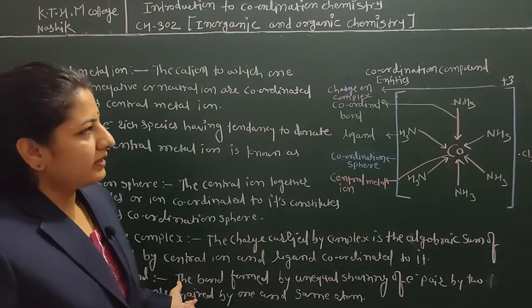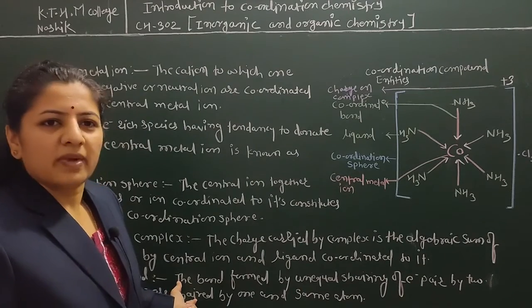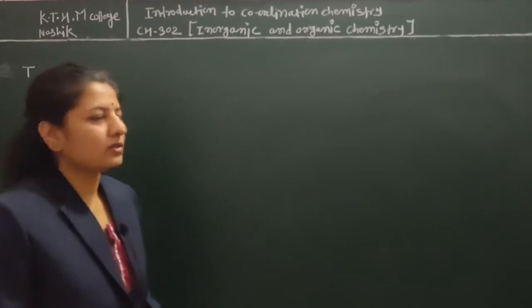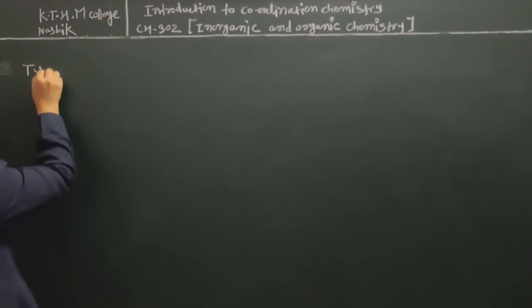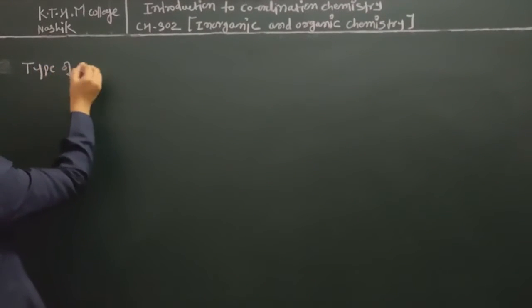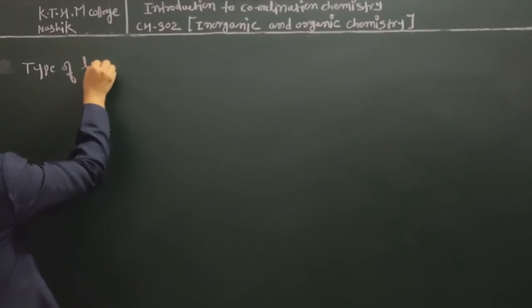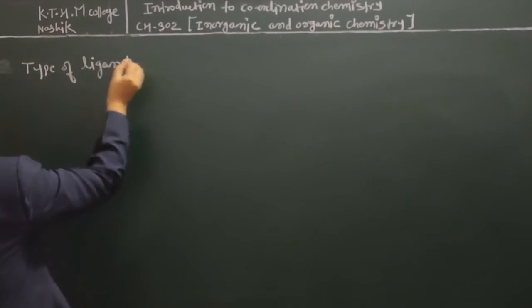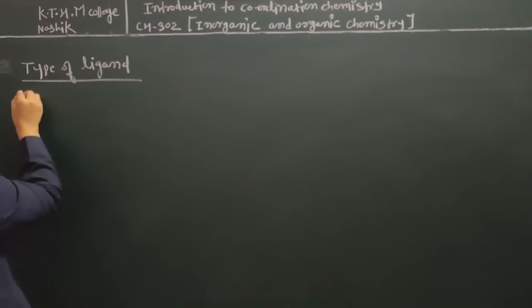Now let's discuss the types of ligand. Depending upon the denticity of the ligand, the types of ligand occur. The first type is the monodentate ligand.